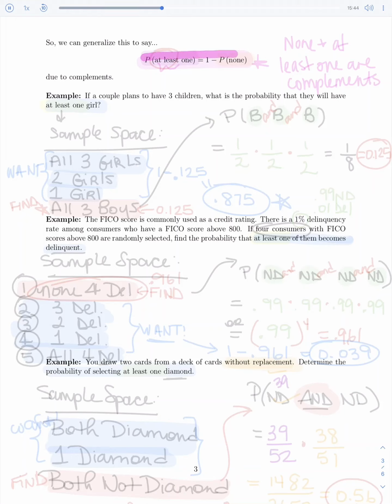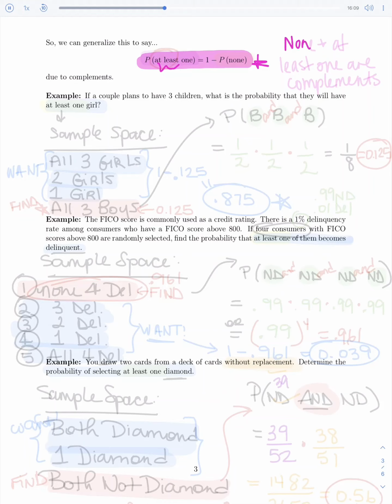When we say the probability of at least one, that's when we got complements. What were the complements? The complement of at least one was none. And that's what this formula is saying: if you want to find the probability of having at least one of something, take 1 minus the probability of having none of those, because they are complements.